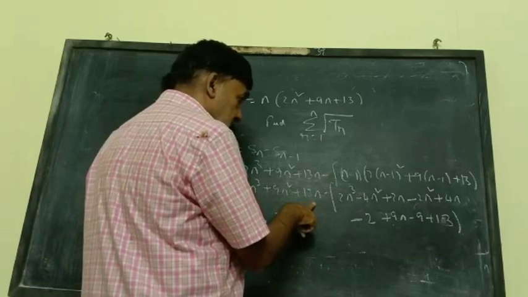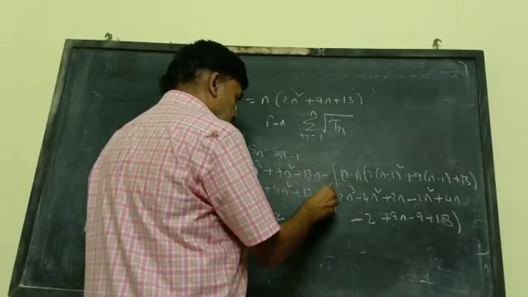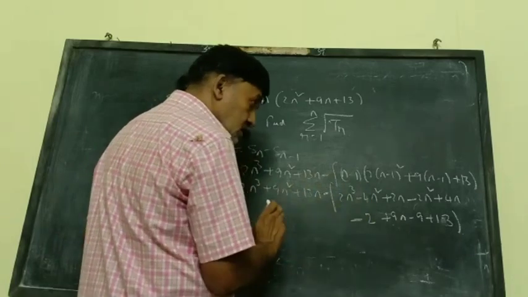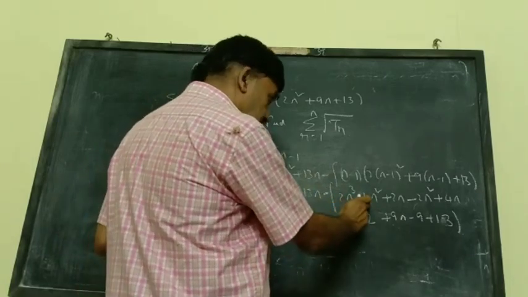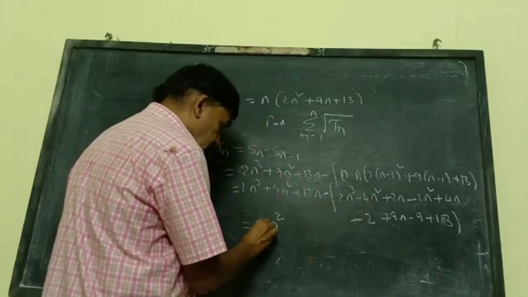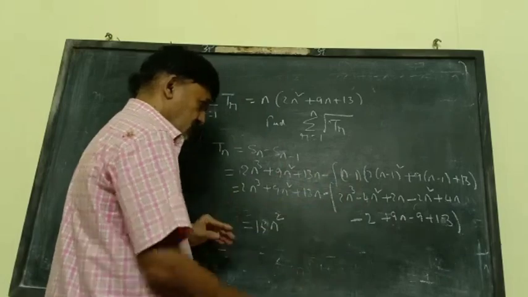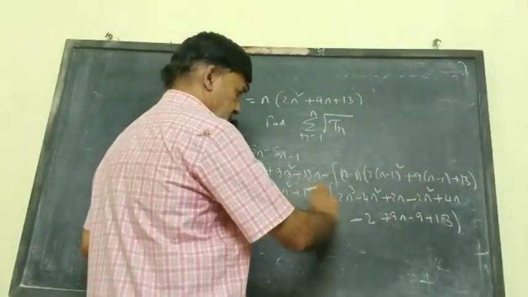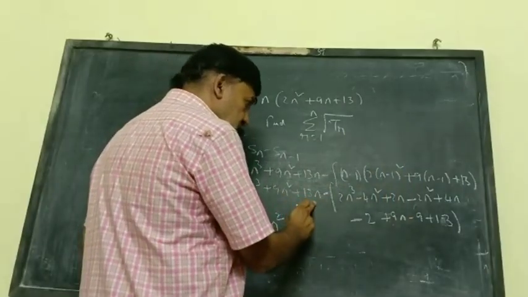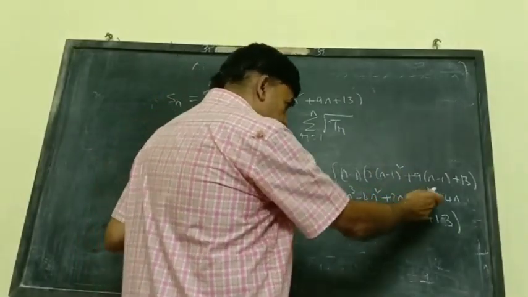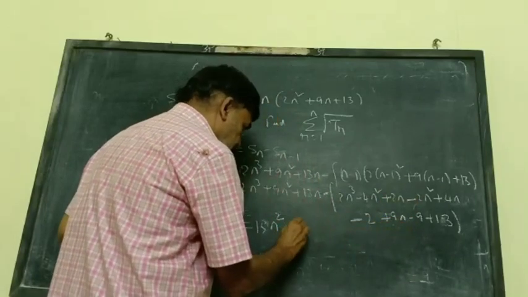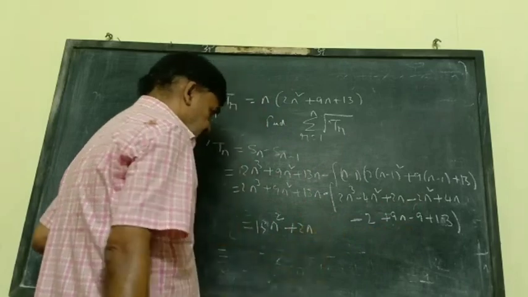Hence 13n minus 9 plus 4 and so on. Then 13n, how many n's? 6 plus 9, 15 plus 2n.